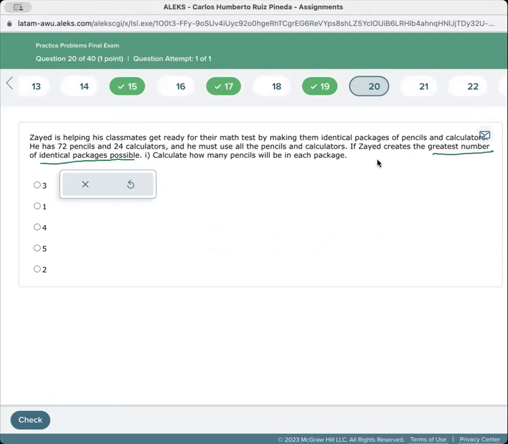Calculate how many pencils will be in each package. So the first thing we need to do is to determine what's the greatest number of identical packages possible. And that keyword greatest tells us that we need to find the greatest common factor of what? Of 72 and 24. So that they have the greatest number of packages.